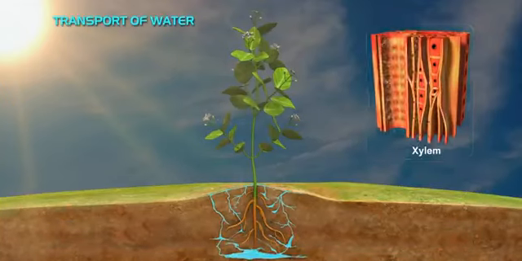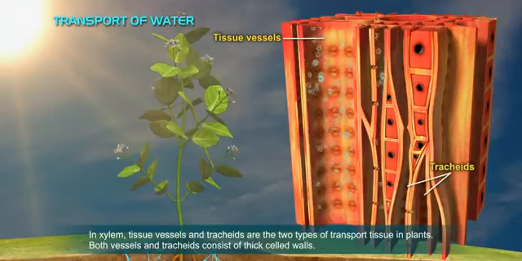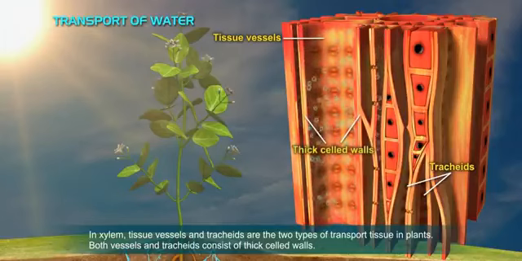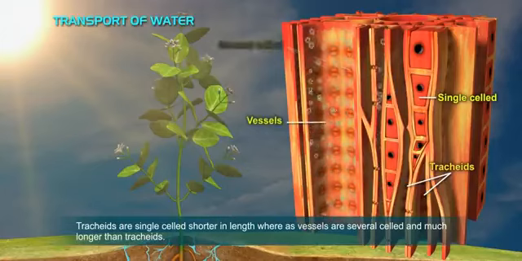Transport of water. In xylem tissue, vessels and tracheids are the two types of transport tissue in plants. Both vessels and tracheids consist of thick cell walls. Tracheids are single-celled and shorter in length, whereas vessels are several-celled and much longer than tracheids.